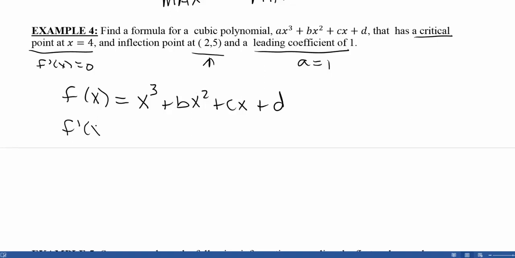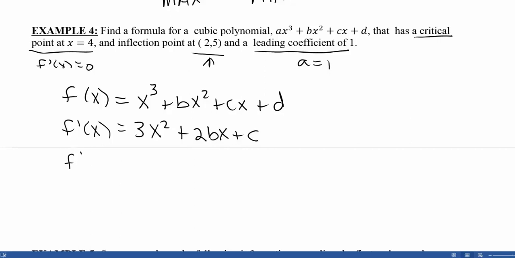Let's find the first derivative and see how we can use our information about the critical point to see if we can get any further information about these b, c, and d constants. So my first derivative here is 3x squared plus 2bx plus c. Now, if I have a critical point at x equals 4, that means that if I had set this equal to 0 and solved for x, one of the values would have been 4.